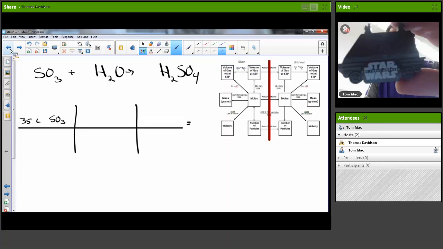Sulfuric acid is formed, acid rain essentially, when water and sulfur trioxide hook up. So look at the screen. I've already written it for you. SO3 plus H2O goes to H2SO4. I will also tell you, if you keep looking at the screen, this is already balanced. It gave you liters. It's asking for moles of something. See if you can figure it out. It takes about 2 or 3 minutes.